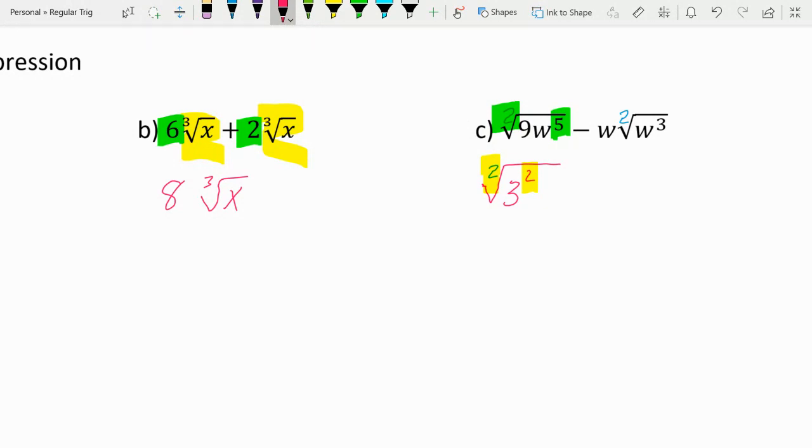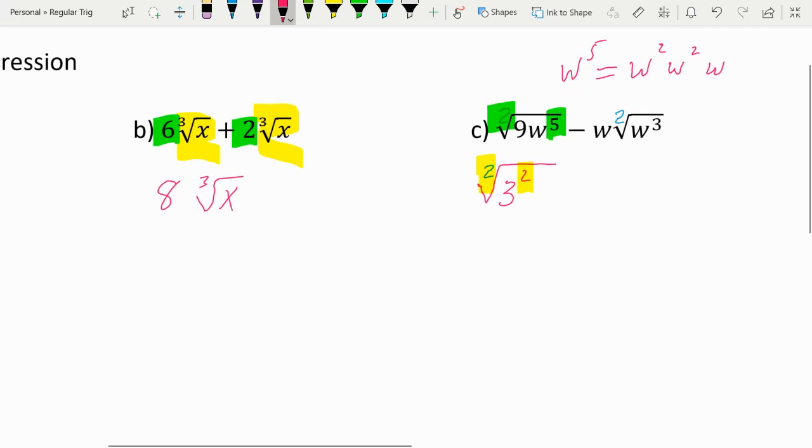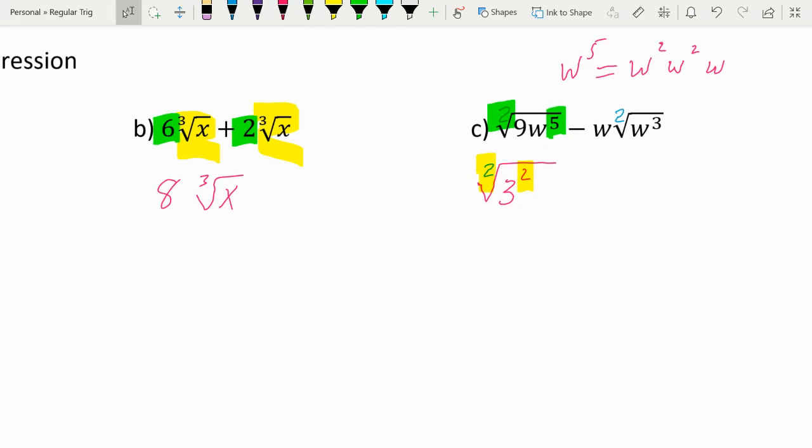Well, do you agree that I could rewrite w to the fifth as w squared times w? Think about this for a second. I want to see if you're going to agree with me. What happens when we're multiplying and the bases are the same? Do you agree that we add those exponents, and this one would have an exponent of 1? Yes?